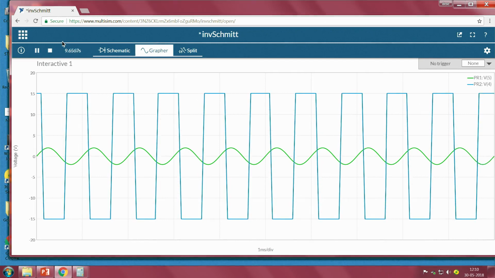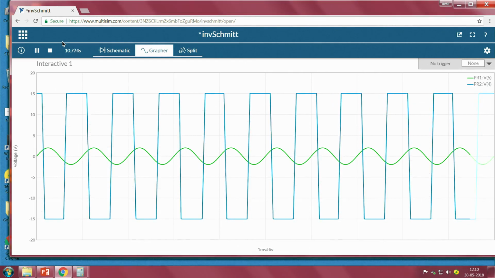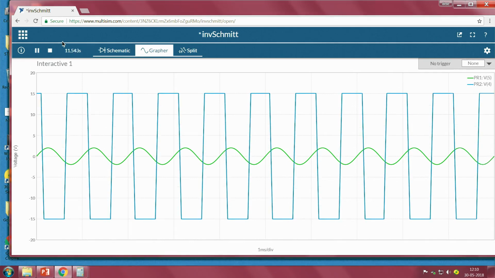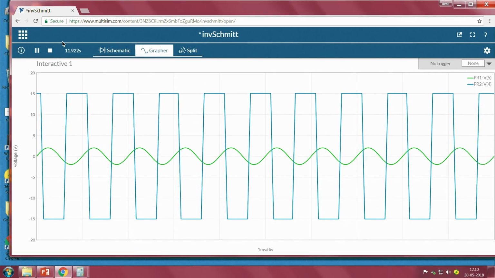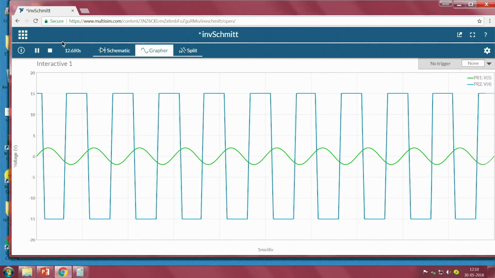Similarly, when the input signal is lower than the lower threshold value, the output will be plus VCC. Since in our case plus VCC and minus VCC are plus 15 and minus 15 volts, you can see the change from plus 15 to minus 15. But whether the switching happens at the lower threshold or the higher threshold, that we have to see.